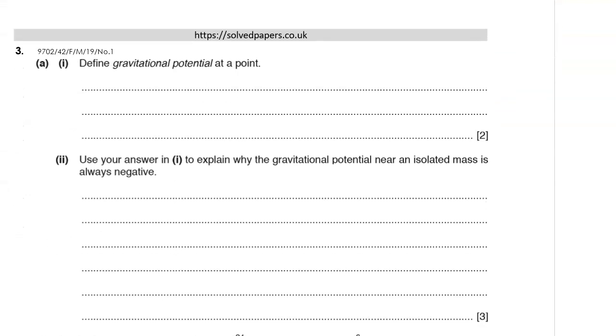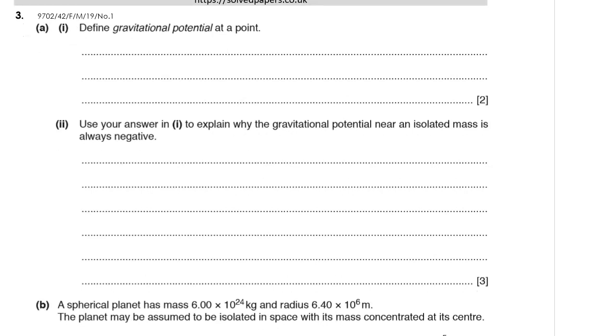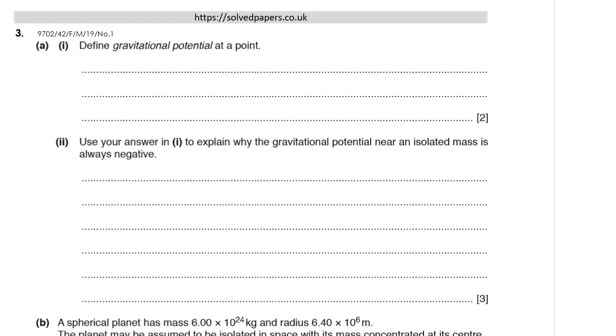Number 3 is from variant 4.2 of February-March 2019, and this was question number 1. A1. Define gravitational potential at a point.